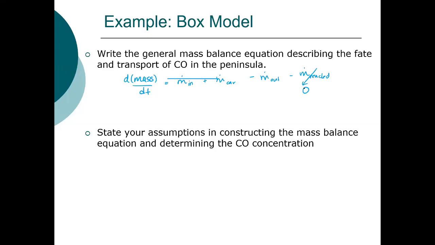But this is equal to 0 because we said that carbon monoxide is conservative. Again, since mass is equal to concentration times volume, and our volume is constant, we can write the equation that's volume times dC/dt.